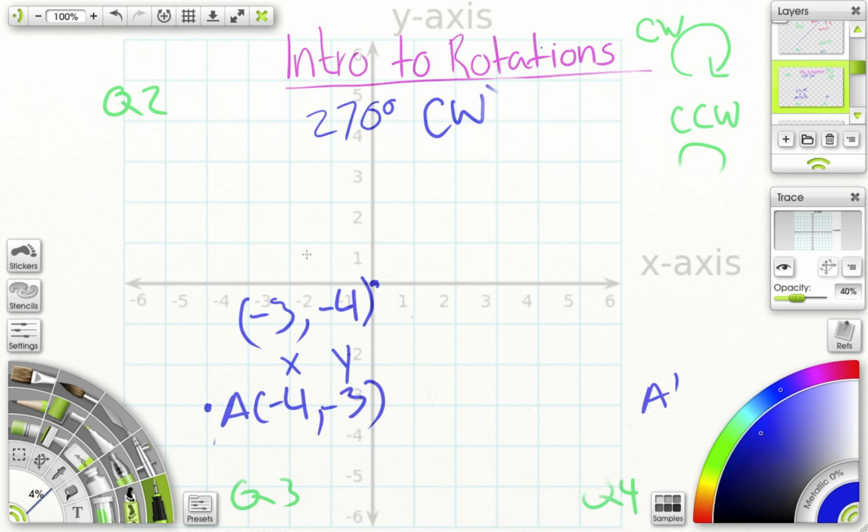So in this case, if I'm going around this way, it is going to be my first digit. That becomes the opposite.